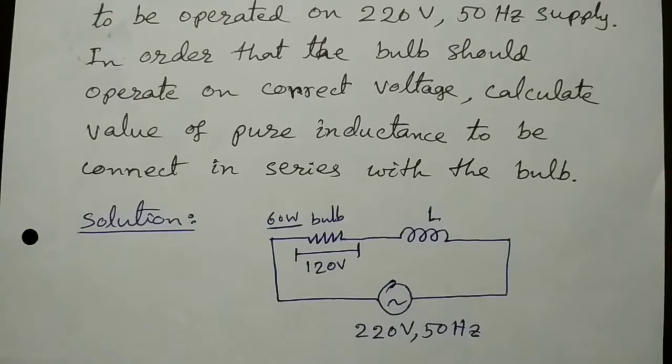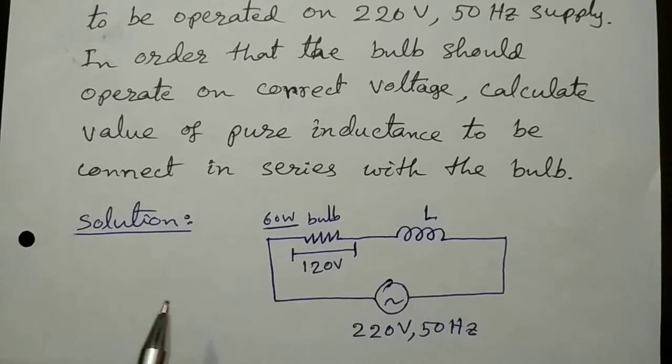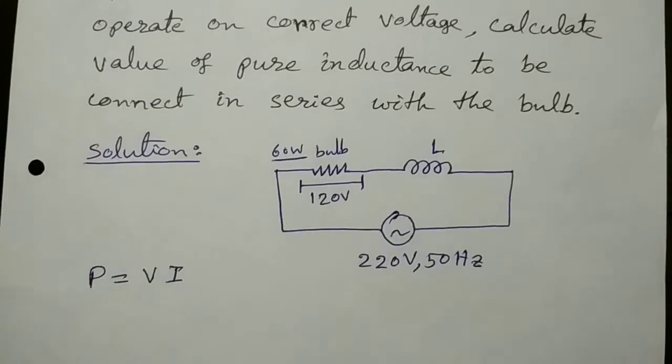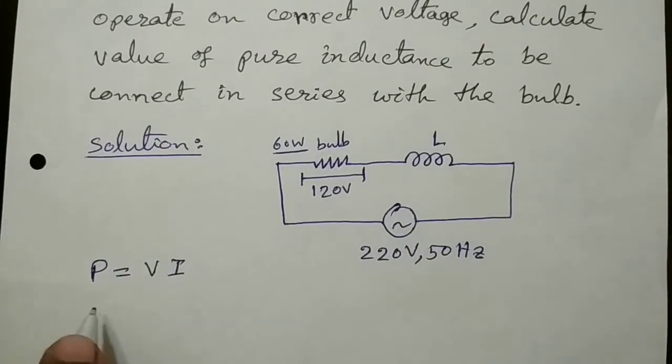First of all, if the bulb operates with proper voltage, that is 120 volt, then the power of the bulb, that means for a purely resistive part, can be written as V into I, RMS voltage into RMS current. Here the power of the bulb is 60 and the voltage across the bulb should be 120.